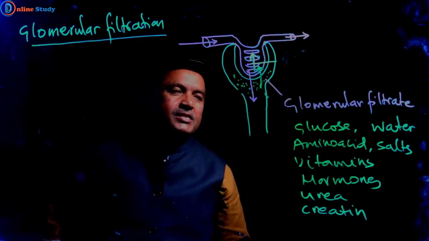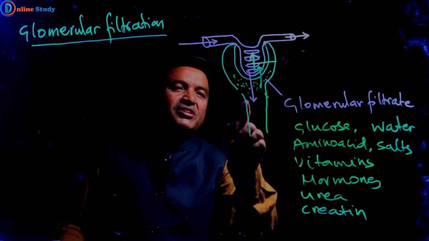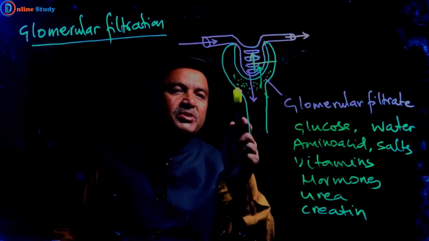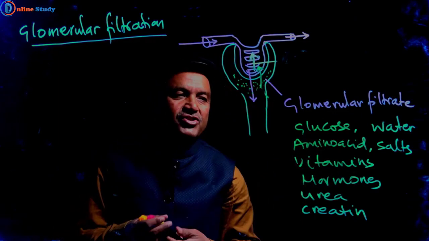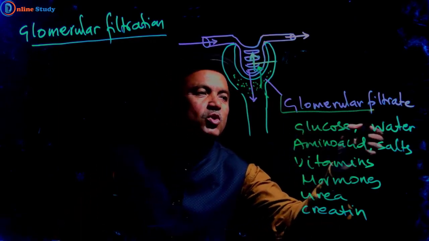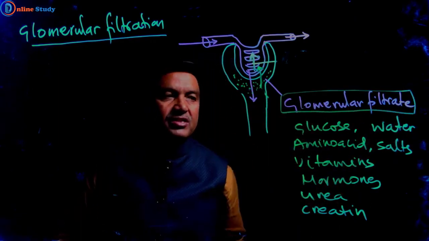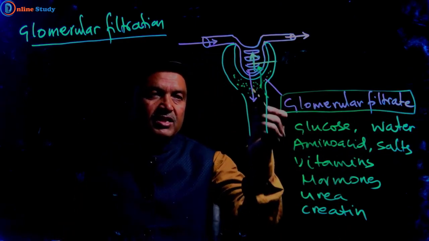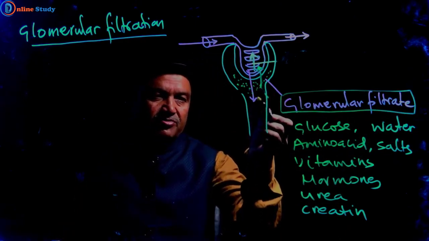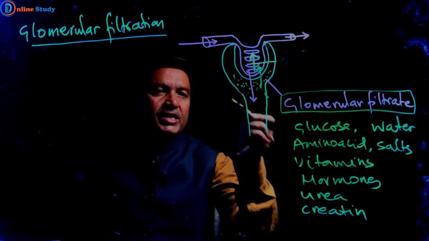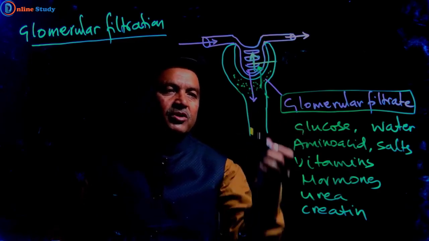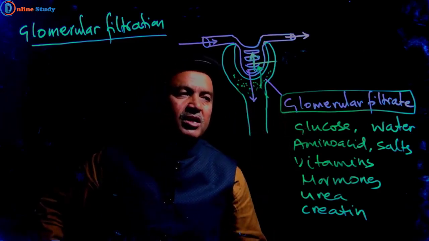Now let us discuss. We can see here is a filtrate, and this filtrate is known as glomerular filtrate. The filtered liquid is known as glomerular filtrate because it is filtered through the glomerulus.